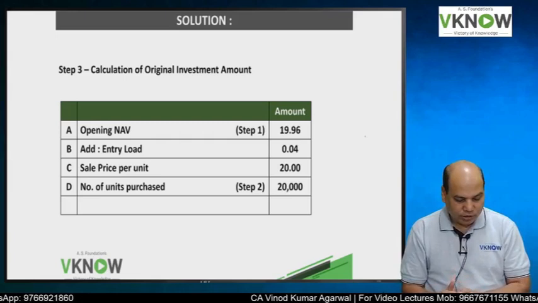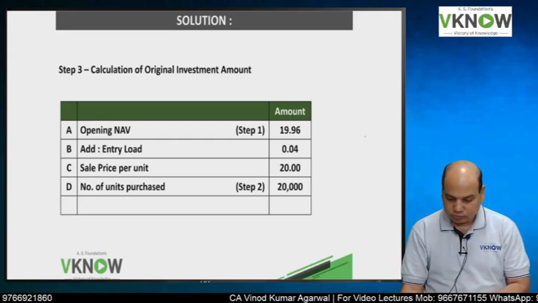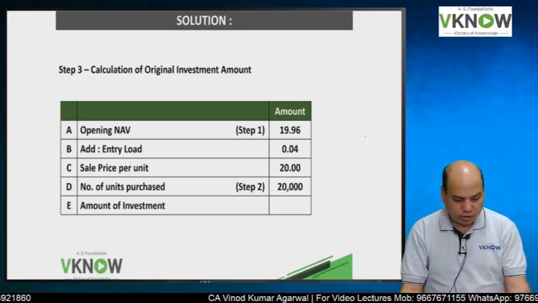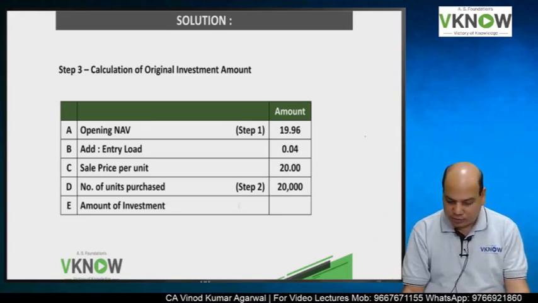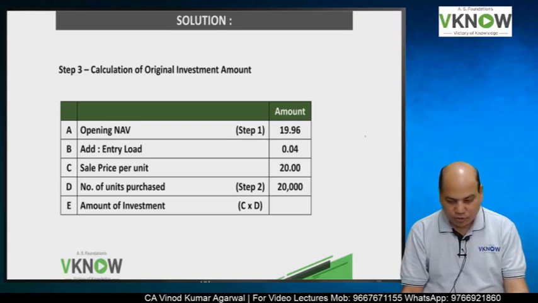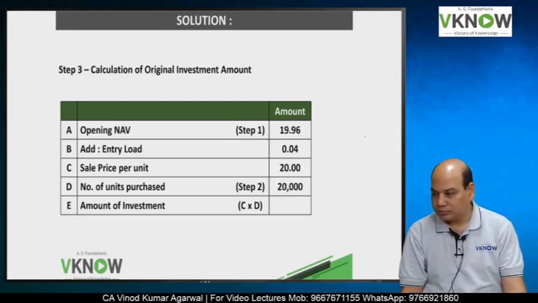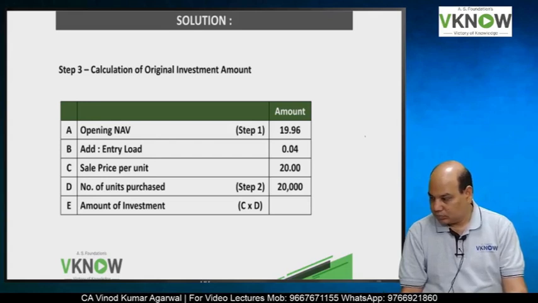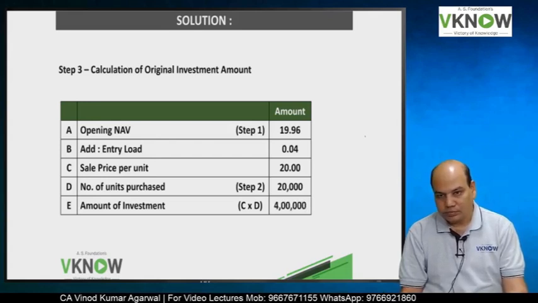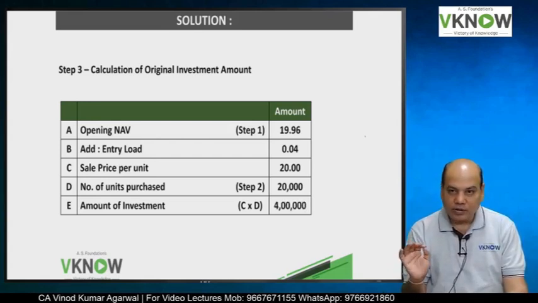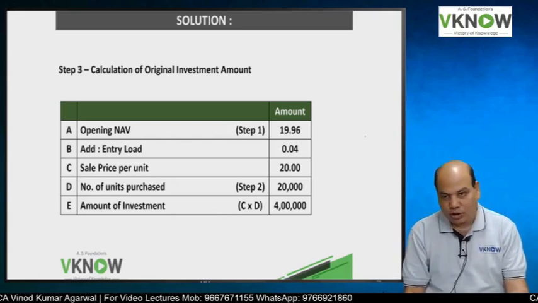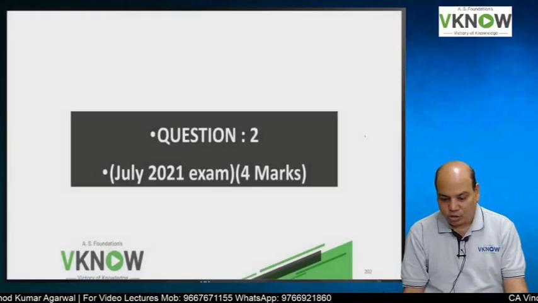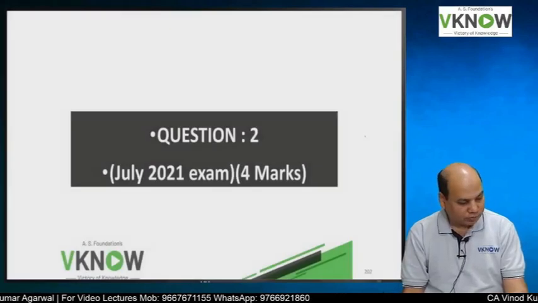Total amount of initial investment will be 20 rupees per unit into 20,000, C into D. Mehul Garg is saying 4 lakh rupees. Very good. 4 lakh rupees, right. If you practice in advance, you can do it fast in the exam, because there are equations to be solved in this question and there are concepts involved in this question.